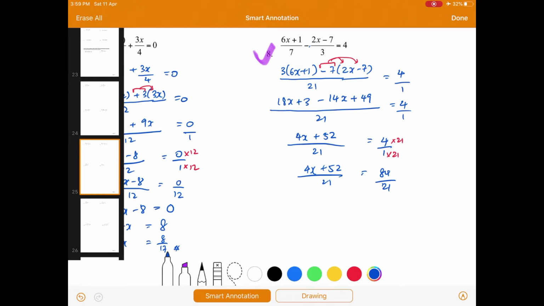Since the two fractions have the same denominator, it implies that their numerators are equivalent. Then we can subtract 52 on both sides. And we get 32. Next we can divide by 4 on both sides. We will get 1x is equivalent to 32 divided by 4 is 8.